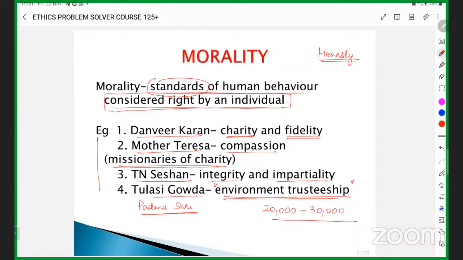And just like values, morality can also be negative. So, can any one of you give me an example of morality which is of negative connotation? Anybody?